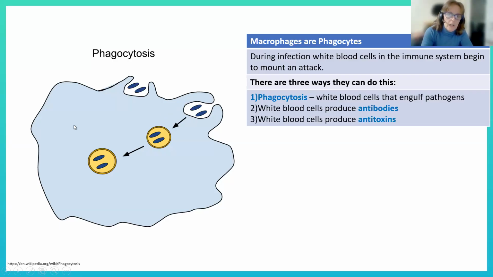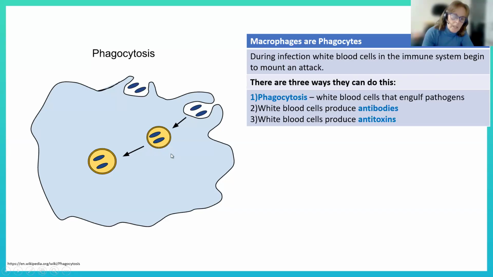So phagocytosis, we're going to have a look at what's going on here. This is a macrophage. Macrophages are phagocytes, and phagocytes are cells that can engulf and break down by phagocytosis. They can phagocytose these bugs, bacteria that have been inhaled or eaten accidentally.